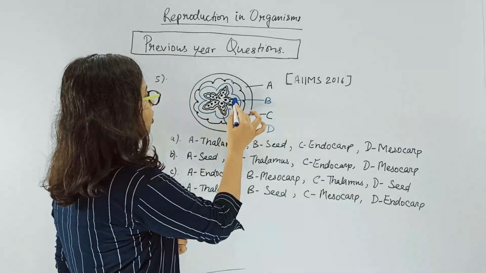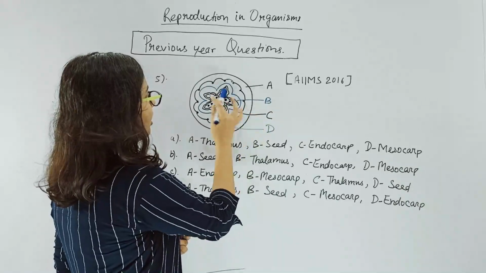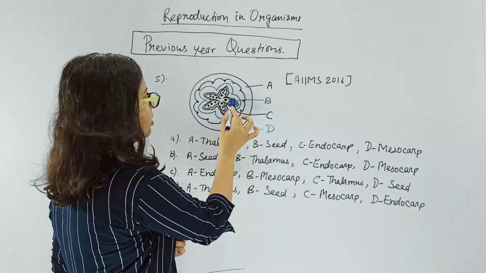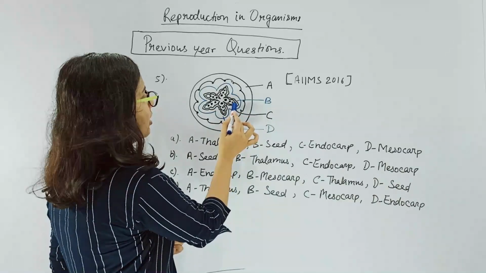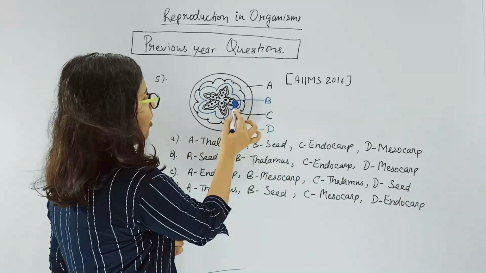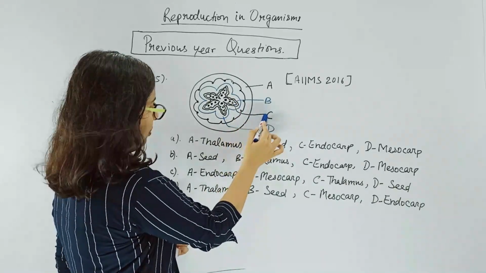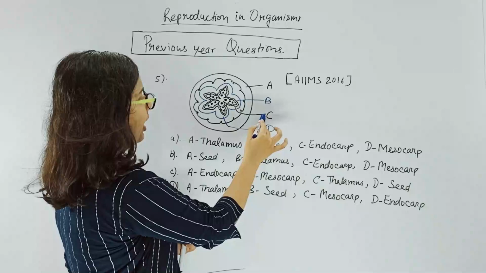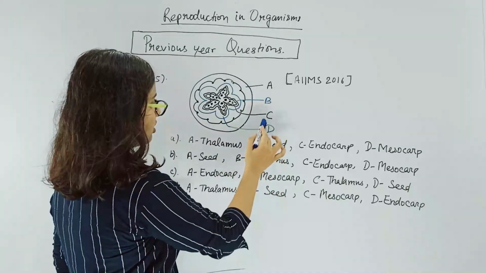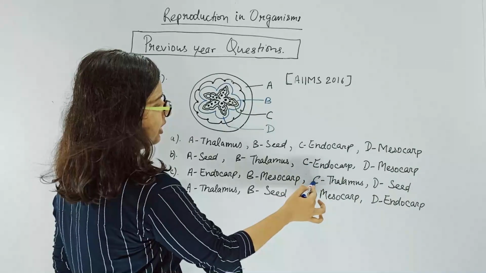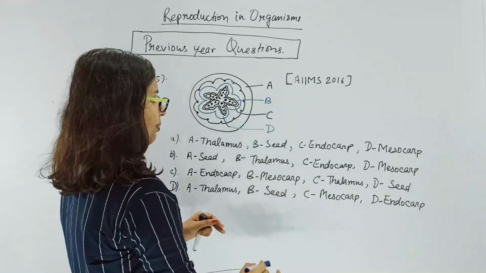The fruit contains the seed in the innermost layer, and the layer surrounding the seed will be the endocarp. So C is endocarp.